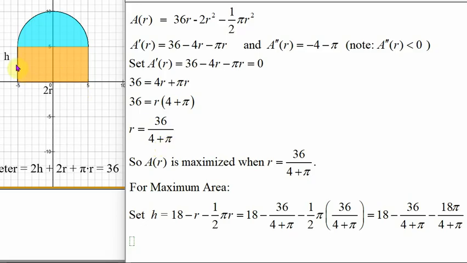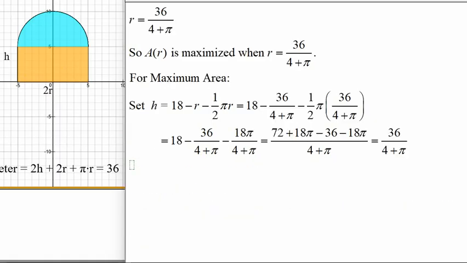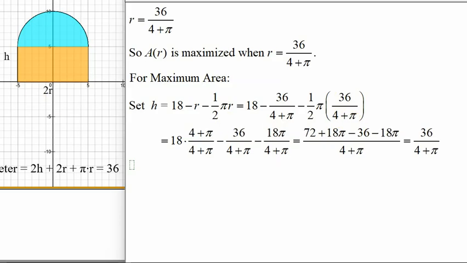So let's find h. Earlier we have h equal to 18 minus r minus 1/2 pi r. When r is 36 over 4 plus pi, we substitute that in place of r. Then I'm going to multiply the 18 by 4 plus pi over 4 plus pi so that we have the same common denominator.